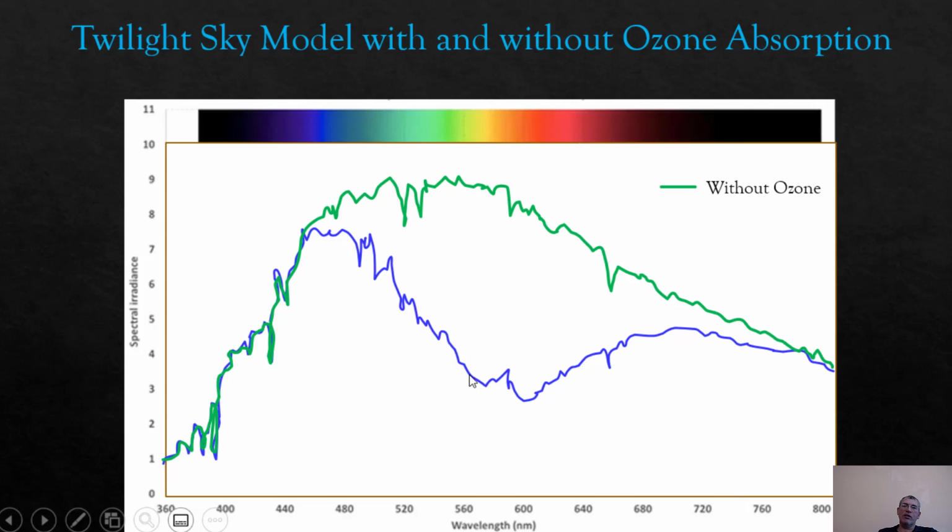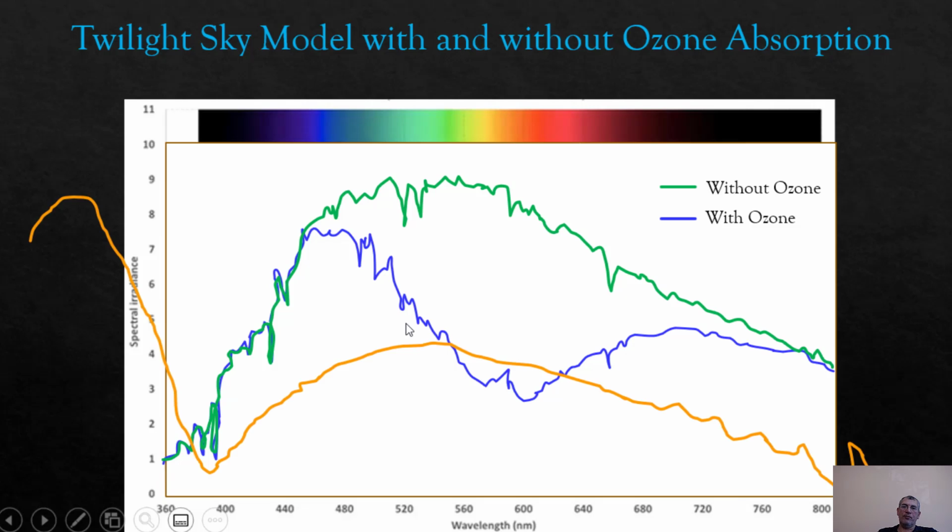So that blue depicts the spectral signature of twilight with the ozone, meaning the sun has to travel through the ozone layer, and this is what we get. Remember, we're going to come back to this blue signature, and this is what we're going to call the fingerprint. This is in general for twilight, and we're going to develop it for Fajr, inshallah.